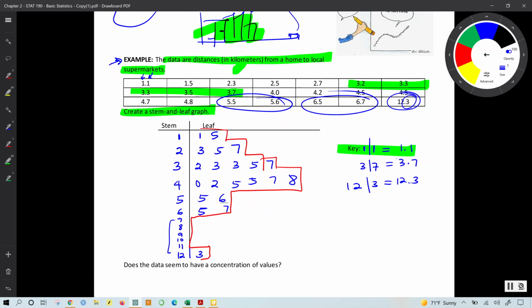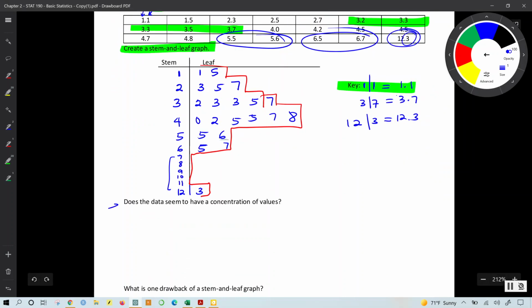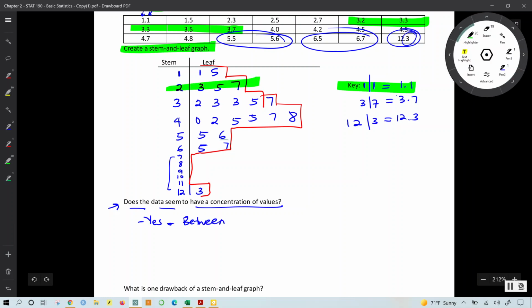So with that said, those data set values are given in a stem and leaf plot. And then we're ready to answer questions. Does the data seem to have a concentration of values? Yes. For the most part, between 2.3 and 4.8.